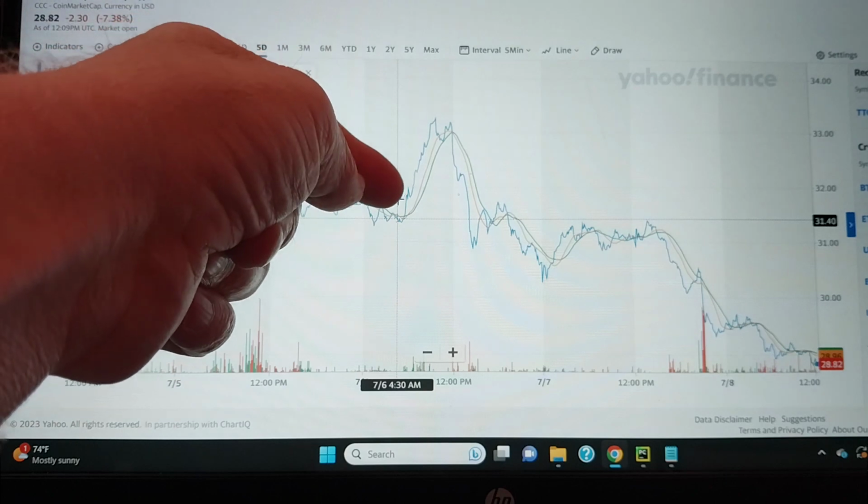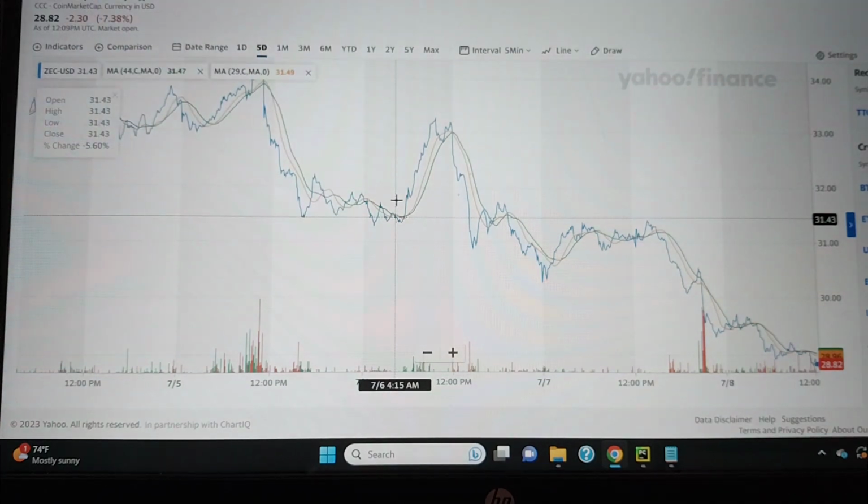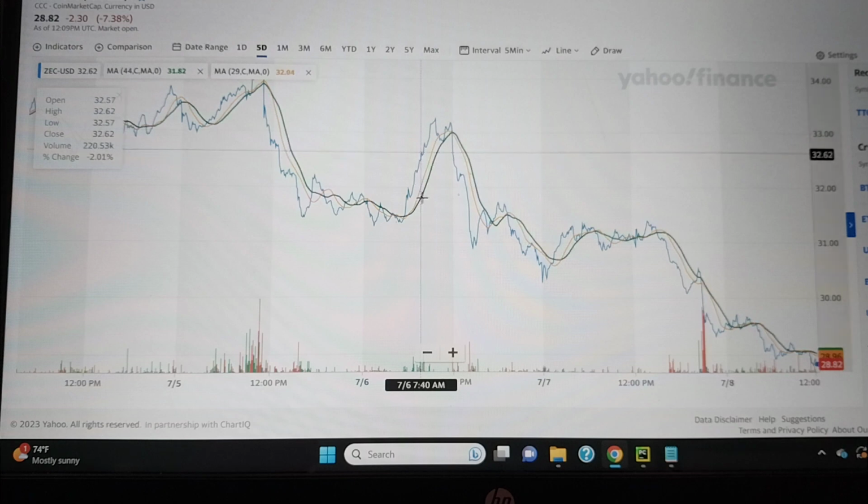The first condition looks at the MA, like MA29, like right here, and subtracts it from MA44, and then 10 minutes back, it does the same thing, subtracts MA29 from MA44, and the third time around it does the same thing where it subtracts MA29 from MA44.